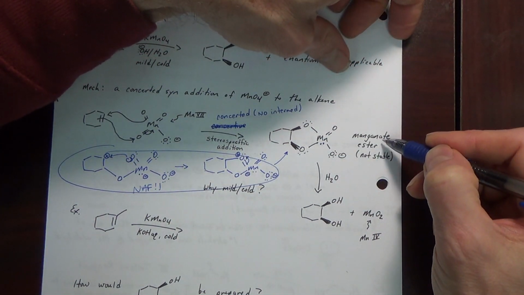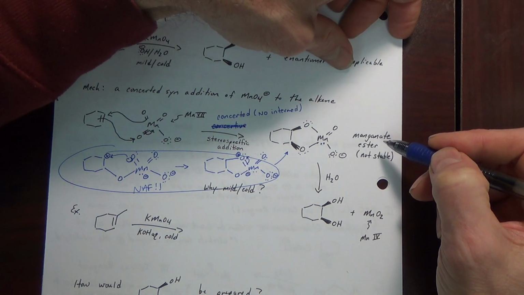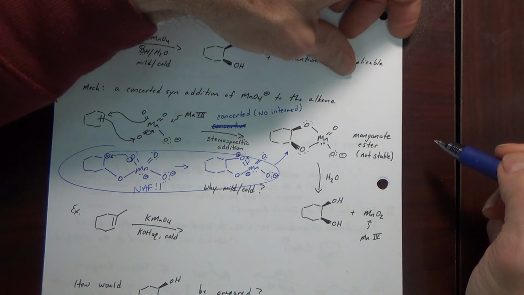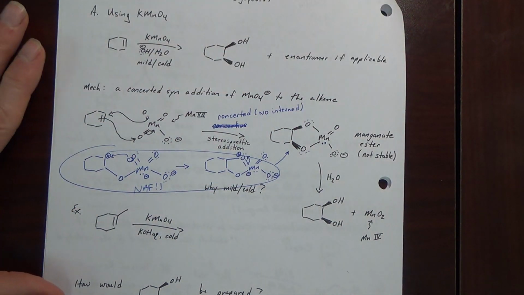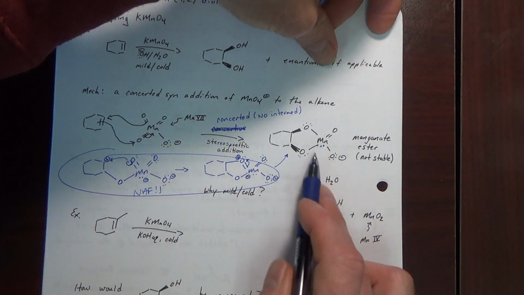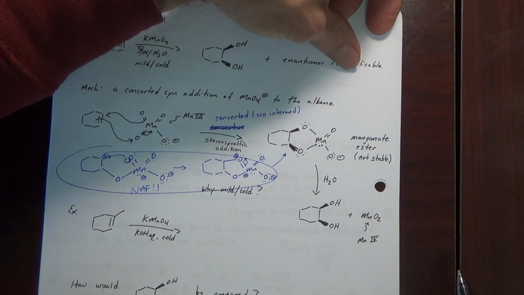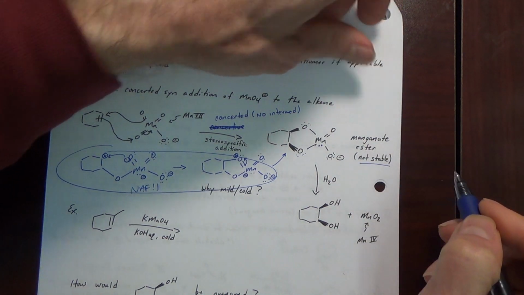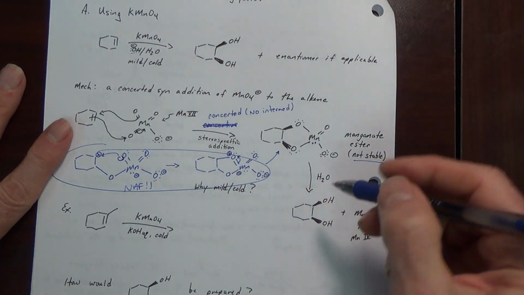which is a manganate ester. Okay, because two of the oxygens are now bonded to R groups. That's why it's called an ester. The K plus, which is here, still sits with this. All right. But this is not stable. It will break down in the presence of water.